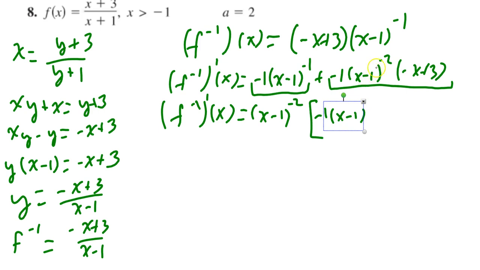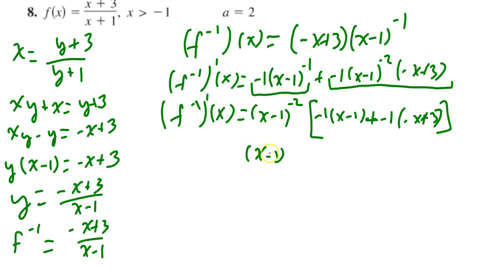And then if I took the x minus 1 to the negative 2 out of the second term, I would be left with plus a negative 1 times negative x plus 3. Okay. Well, from here, I can do a little bit of math on the inside.